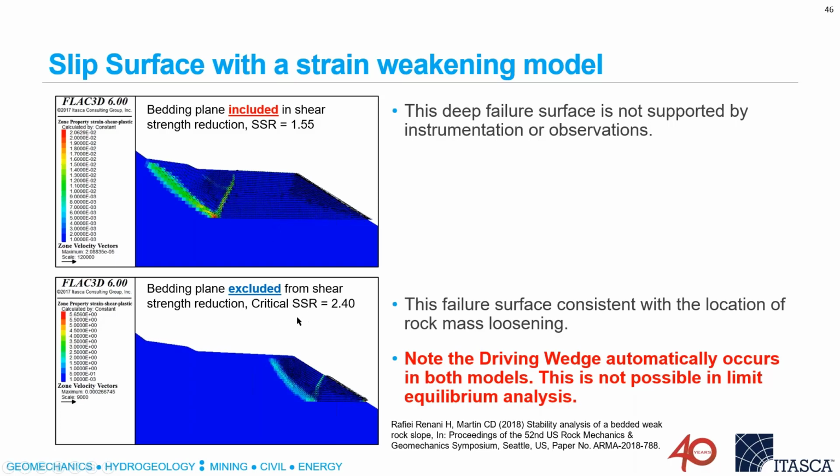But if you exclude the sliding surface from the calculation of shear strength reduction, perhaps this is already sitting at its residual strength and it cannot go down anymore, then you get a different picture. You get a much higher safety factor. And in this particular example, the correspondence with the actual locations of deformed surfaces is much better.